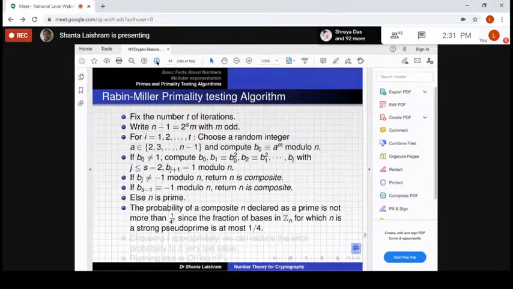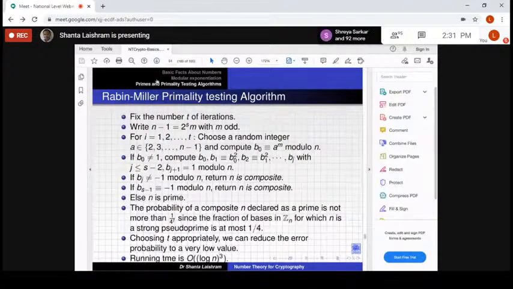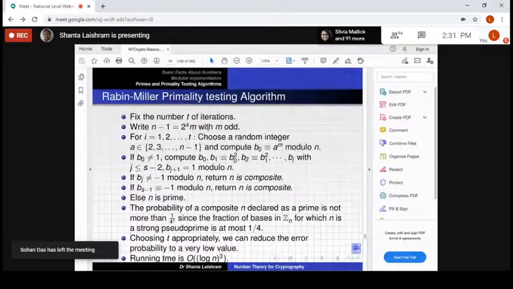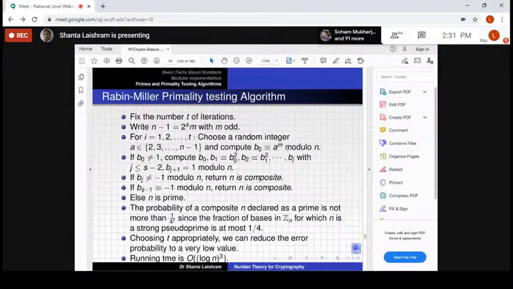So let's write down this algorithm. Fix the number t of iterations. Write n minus 1 as 2 power s times m with m odd. For i from 1 to t, you choose a random integer a and compute b_0, which is a power m modulo n. If b_0 is equal to 1, then you keep computing.